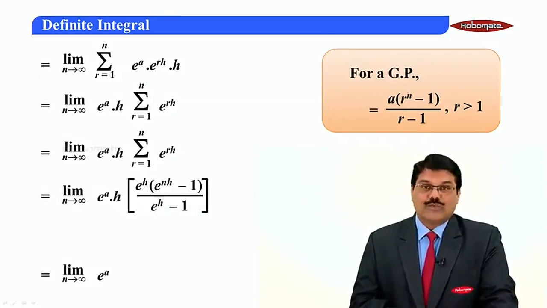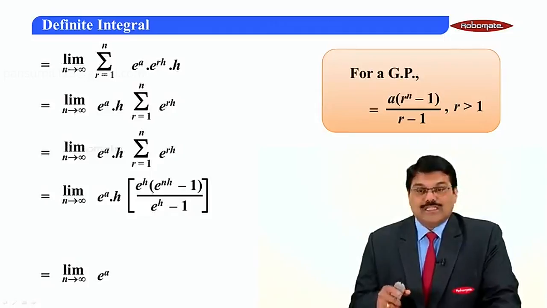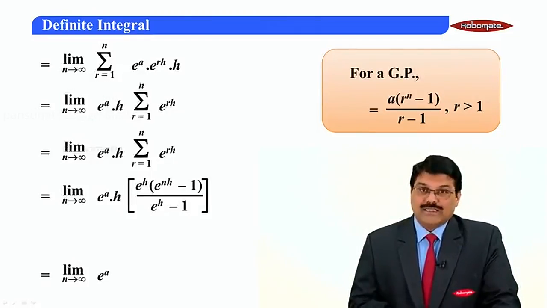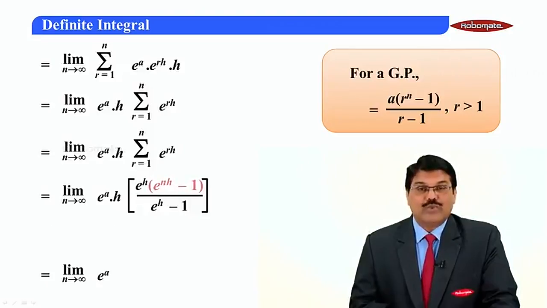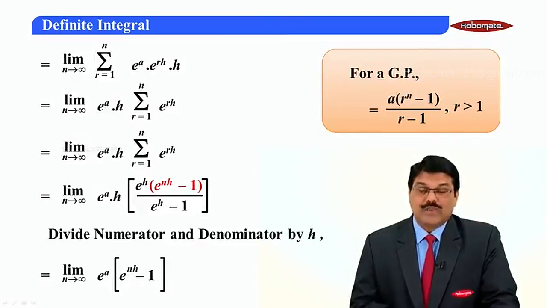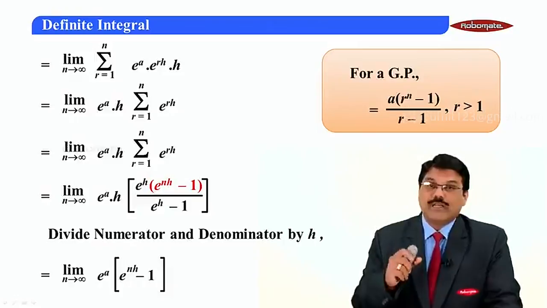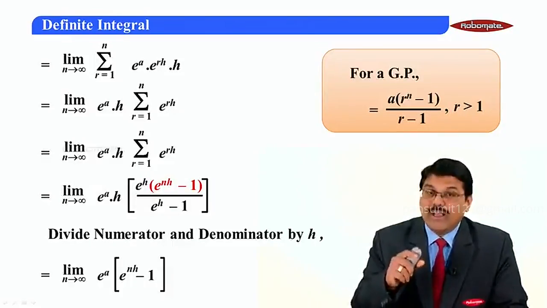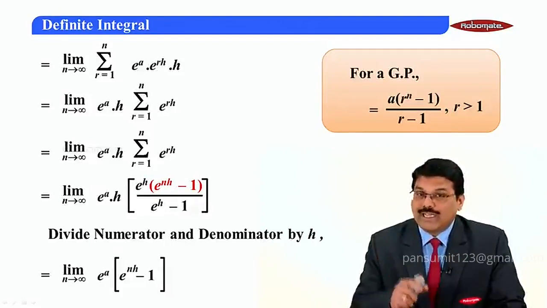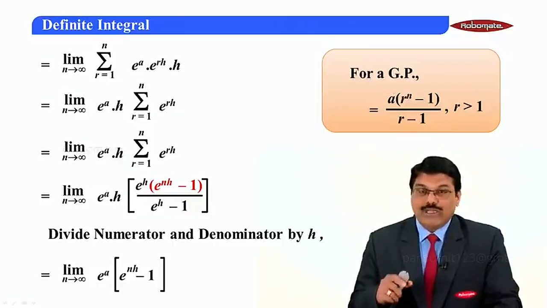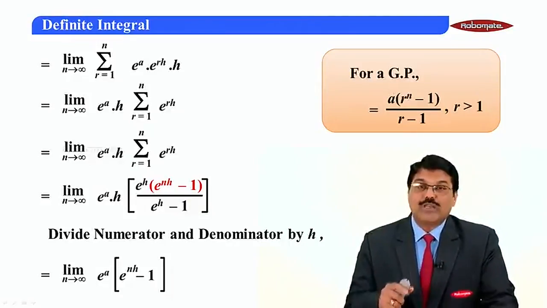Now let us solve it further. The first term, e raised to a into h, will be as it is. But now I am writing e raised to nh minus 1, this bracket, as the first term. Now I am dividing the numerator and denominator by h. Because of that, in the numerator we have h, that will get cancelled, and in the denominator we get e raised to h minus 1 upon h.